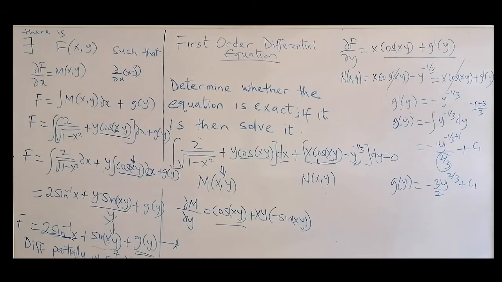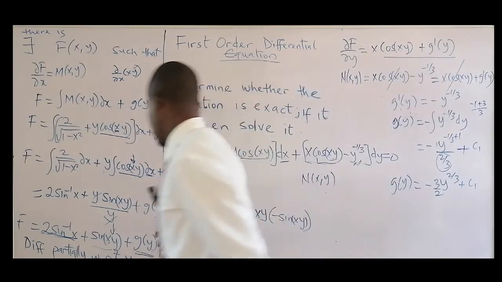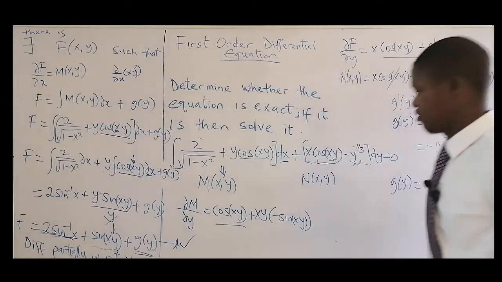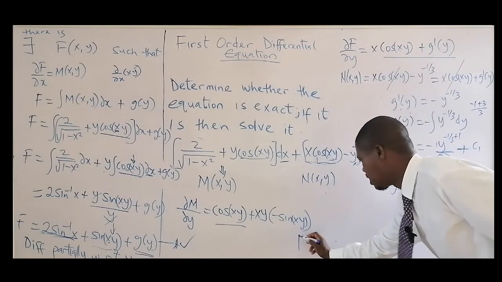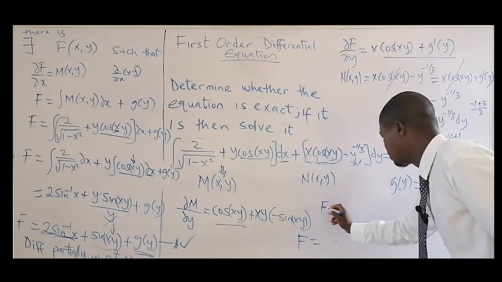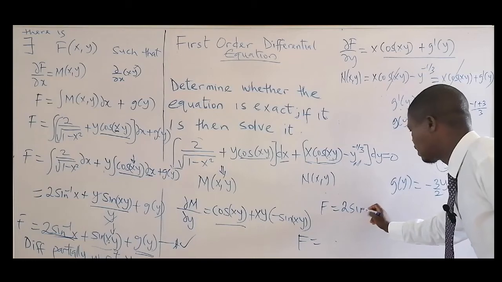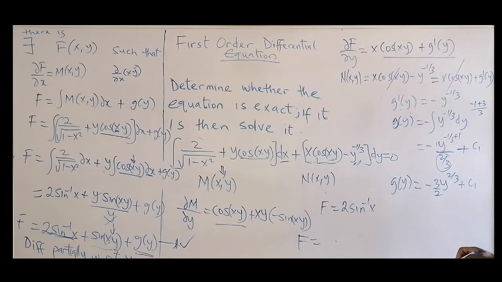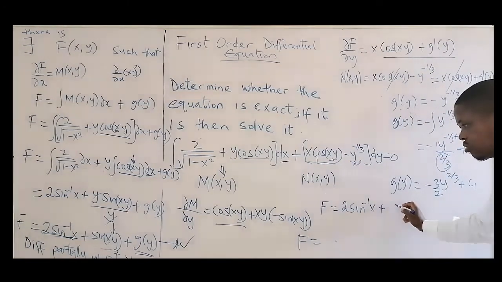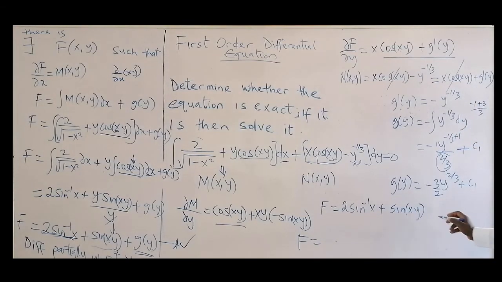So just go to where you have g of y. Go to that function, which is somewhere here, the one I started here. So your f is now, and let me use the space here, f is equal to 2 arcsine x plus sine xy, then minus 3 over 2 y to the 2 over 3 plus C1.